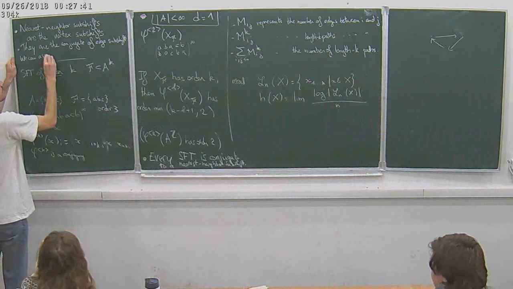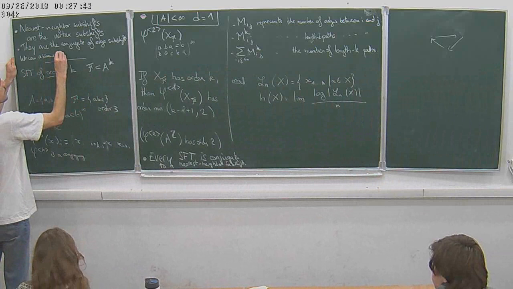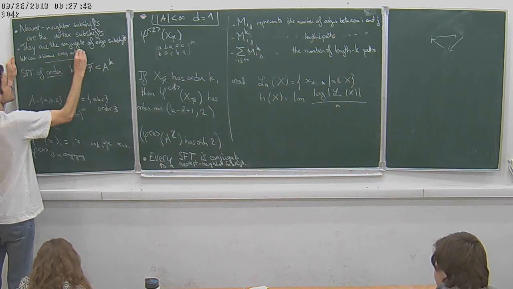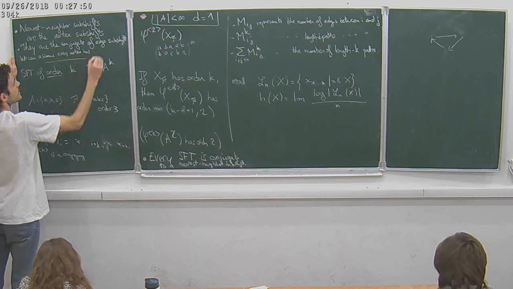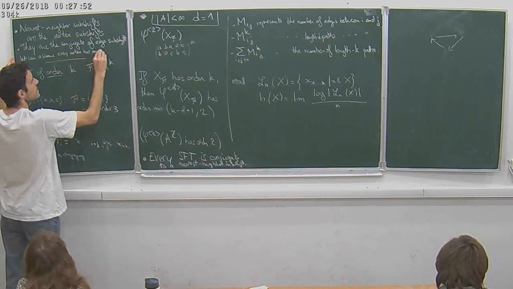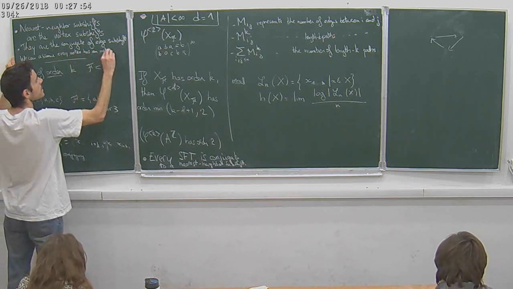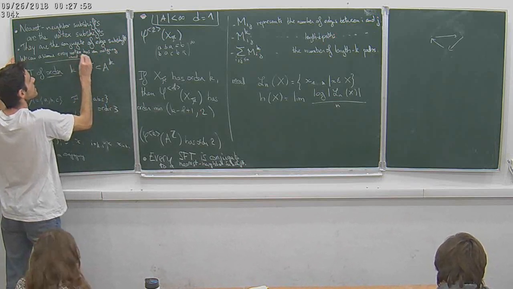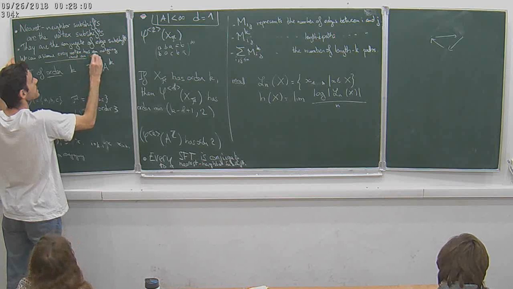So we can assume every vertex has at least an outgoing and an incoming edge.